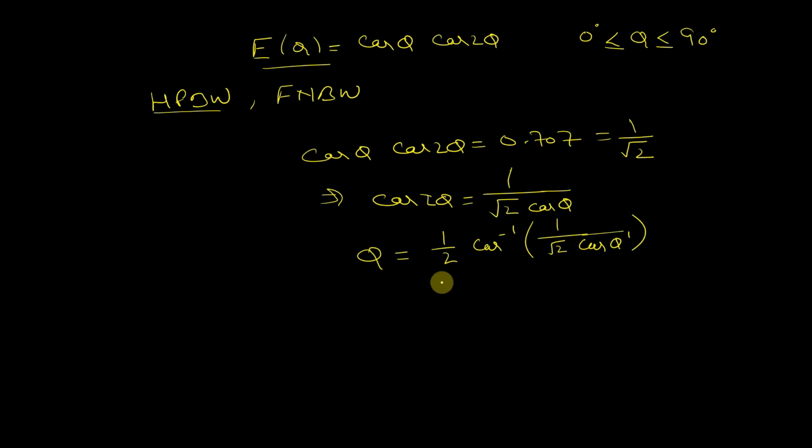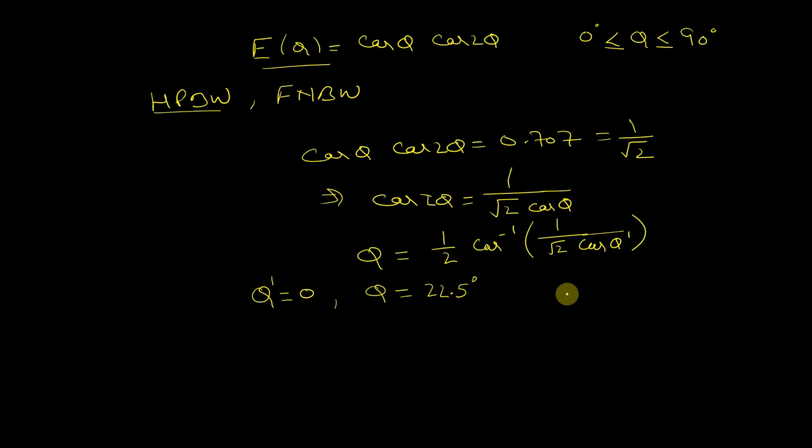So we have to solve it by hit and trial method. Iterating this, we have assumed this as theta dash to solve it. Let us say theta dash is equal to 0, we have guessed. Then if theta dash is 0, put this, solve it, you will get theta is equal to 22.5 degree.